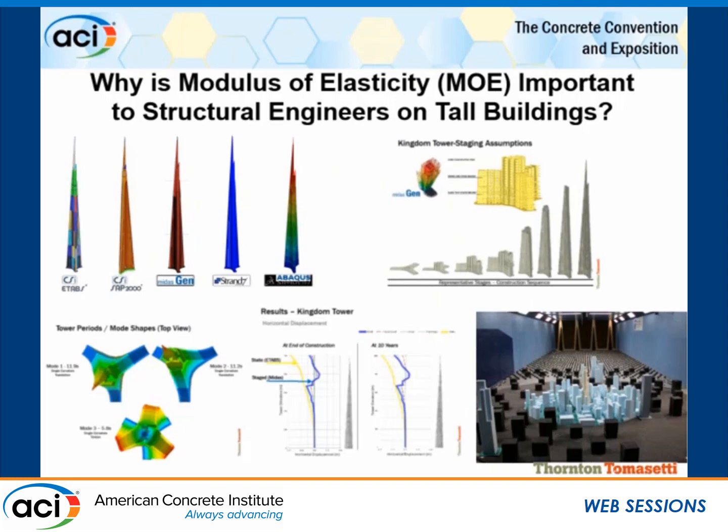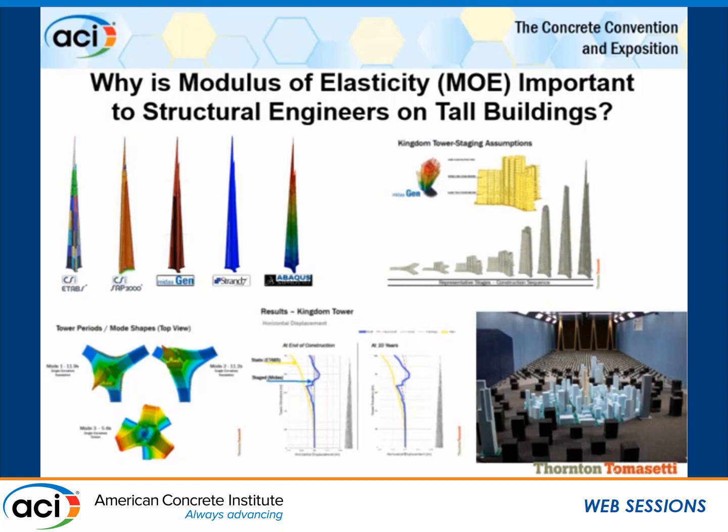The other way of looking at it is, for us designing these tall buildings, pretty much everything that we do, all of the fancy computer models that we have and all the different platforms, all the permitting that we do, all of the calculations for the tower, including most particularly the wind tunnel testing and the results from the testing in terms of the wind loads and the motions of these tall buildings, all of it has modulus of elasticity as one of the variables.